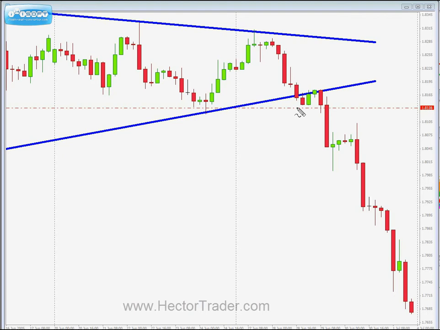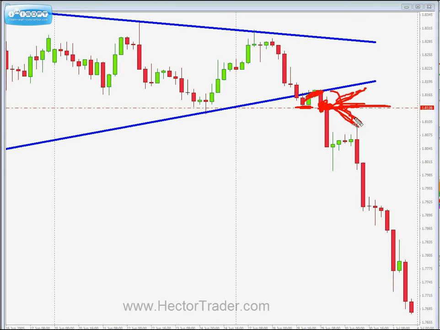So as we make a new low, this being the low of the breakout thrust, after the pullback, once we continue moving down and make a new low below the breakout thrust, that's where I trigger my short entry, right there.